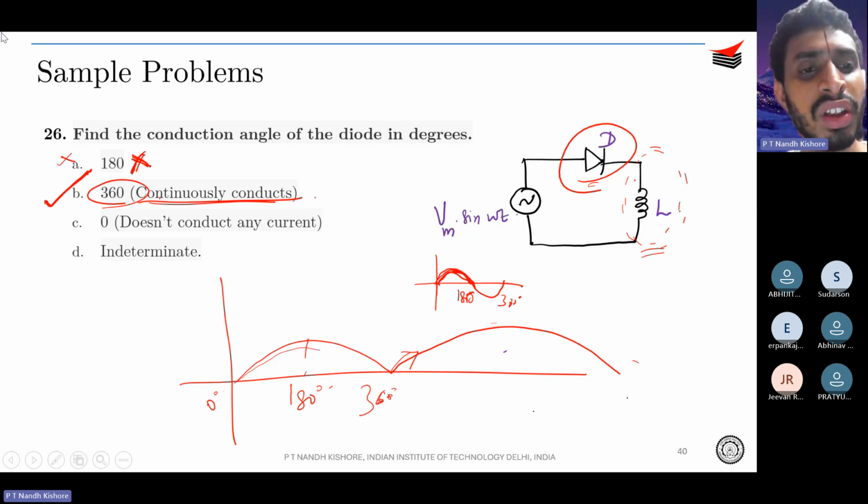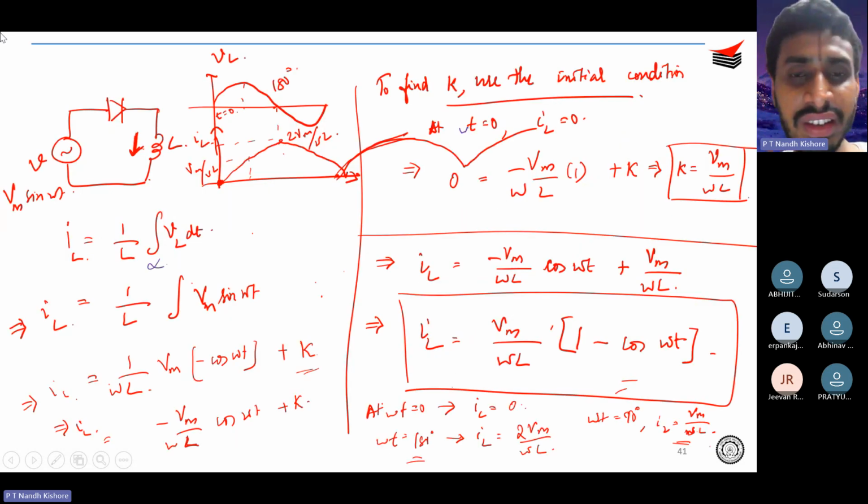So the answer can never be 0 degree or indeterminate. It's either 180 or 360. You know that 180 degrees is the answer for a pure R load, correct? So these are some ways you can eliminate other options and arrive at 360 degrees as the answer. But anyway, we saw how it is properly 360 degrees and how we got these waveforms.